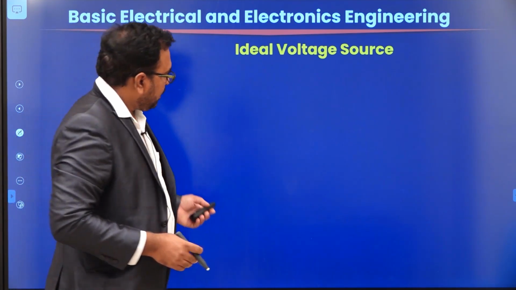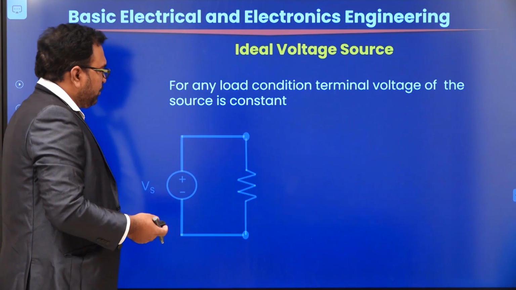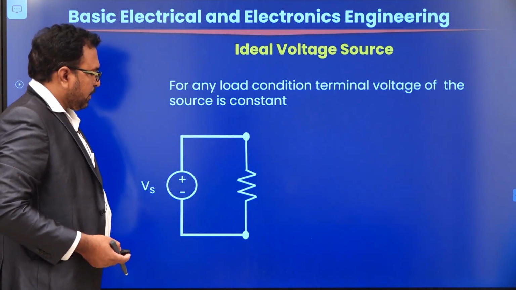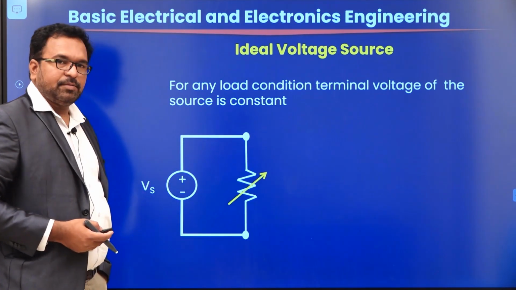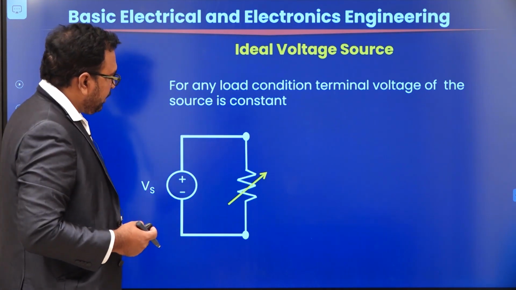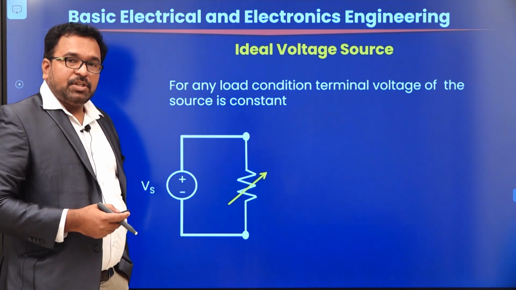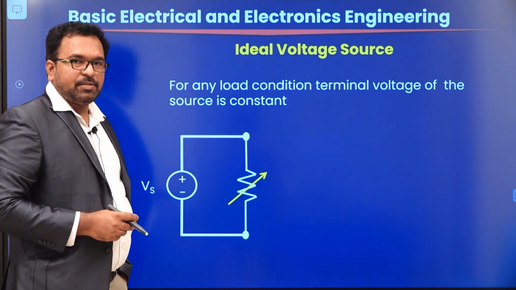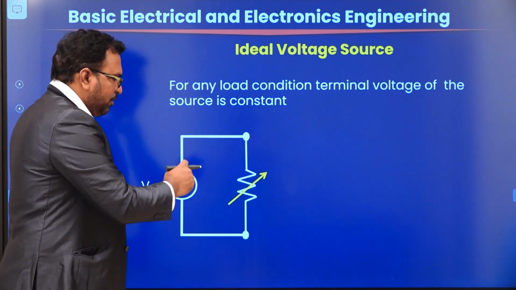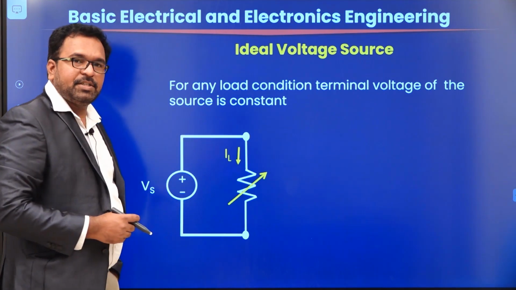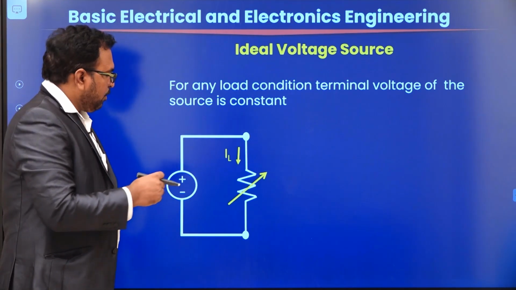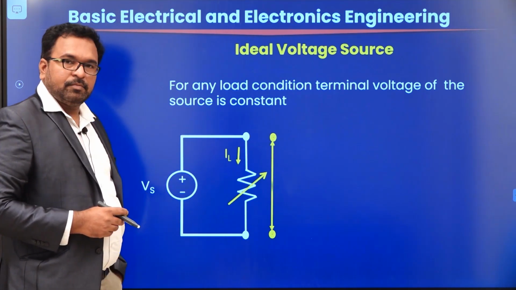Let us discuss this further. Suppose I take the same circuit, and now I will vary the resistor. I already told you that the resistor is a physical device which opposes flow of charge. So when you vary the resistance value, the current through the resistance will also vary. But what about the voltage?